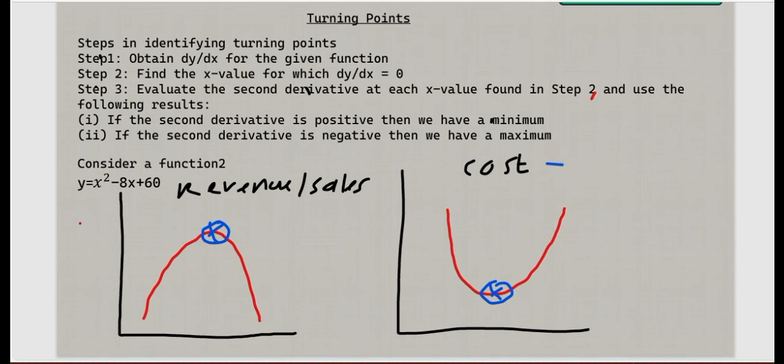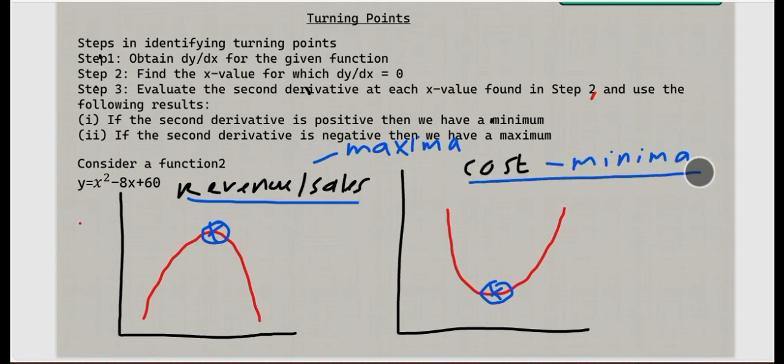That's why this is a minima curve, and this is a maxima. Why? Because you maximize sales, but you want to minimize the cost.